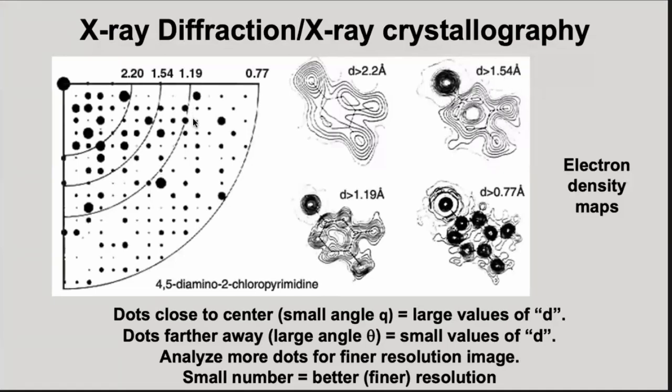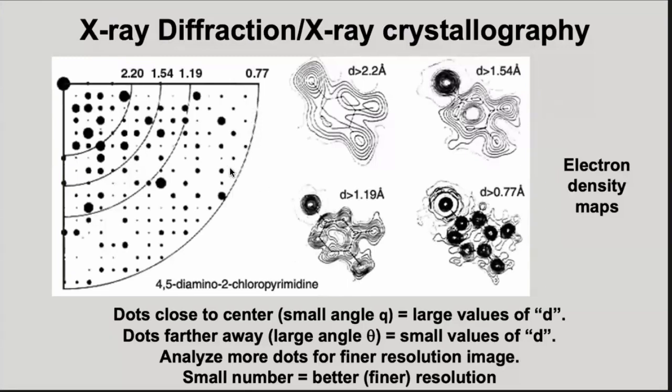And then you keep doing that. You keep adding more dots to your analysis, working your way farther out into the X-ray diffraction pattern. If you work your way out to this next line and analyze all the dots that fall inside that third line, you get a model with spacings down to 1.19 angstroms, which is actually not that much bigger than the diameter of a hydrogen atom. Now we definitely get the sense that there's a big atom here in the upper left, and a ring of atoms down here with a couple more sticking off the side.